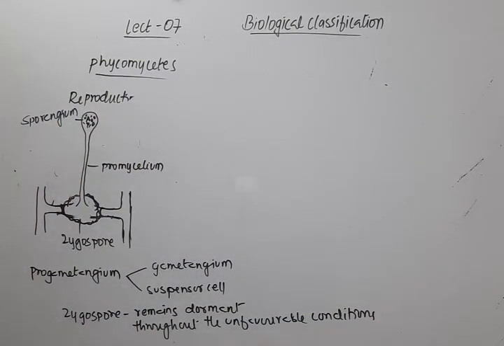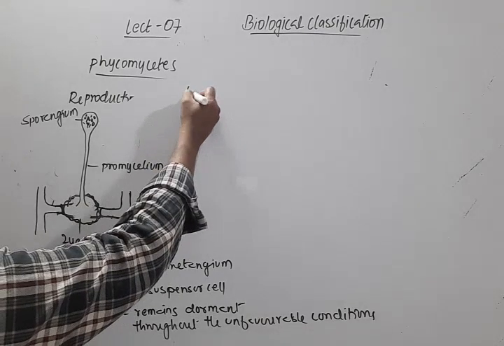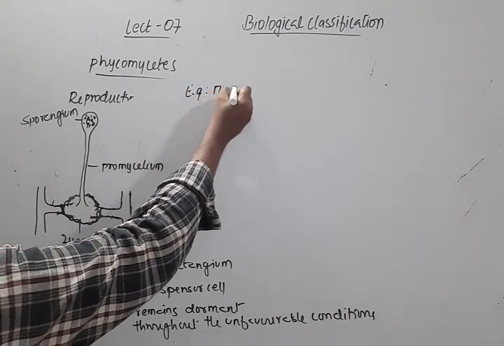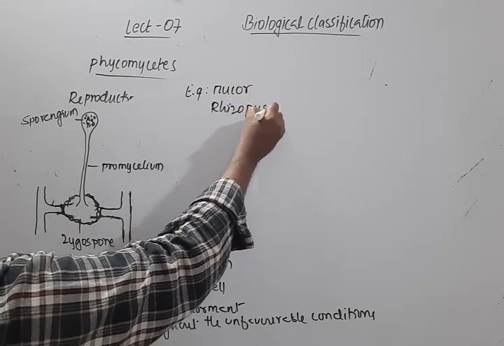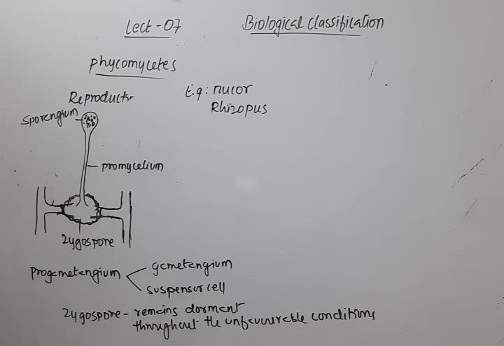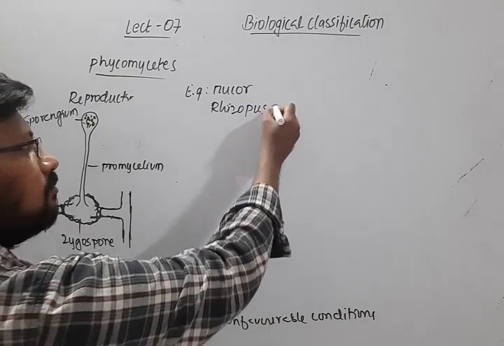Let's see a few examples of Phycomycetes: Mucor and Rhizopus. This Rhizopus is called the bread mold.